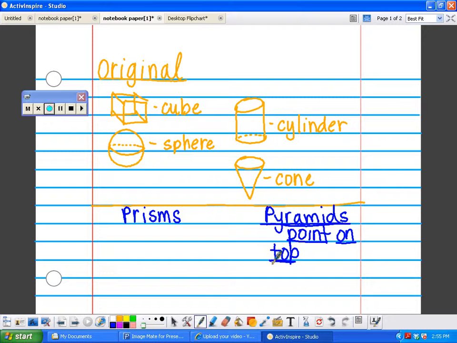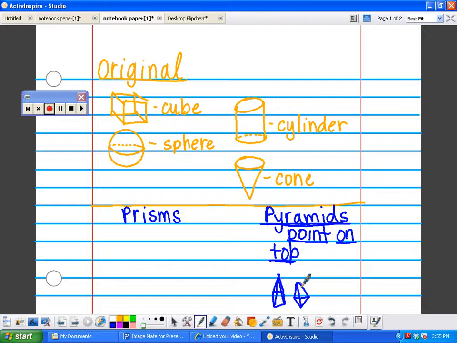So this one right here is called a triangular pyramid, and this one is called a square pyramid. If I have a square at the bottom, it's a square pyramid. If I have a triangle at the bottom, it's a triangular pyramid.